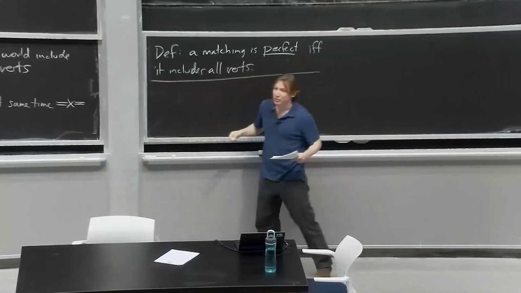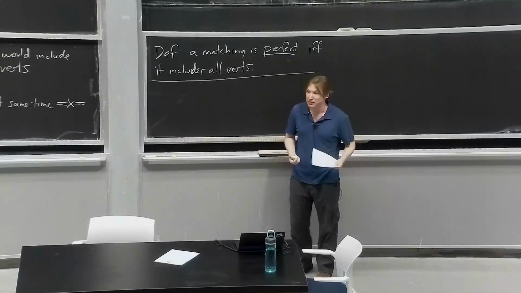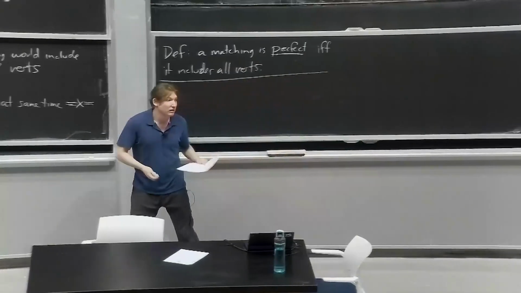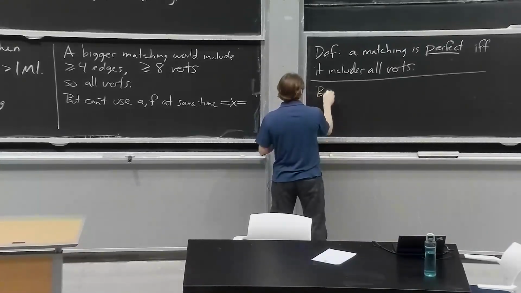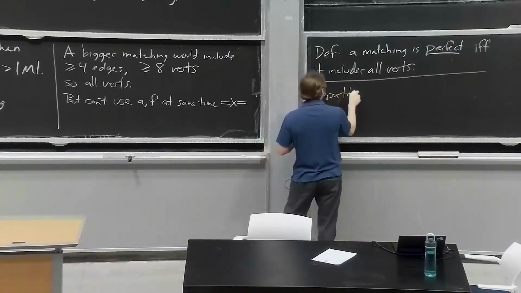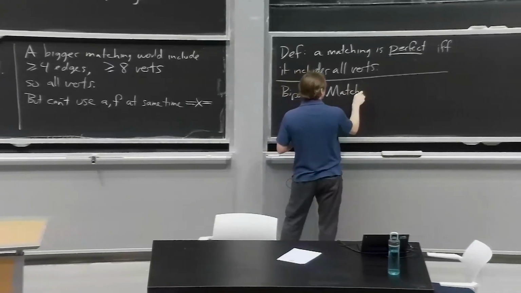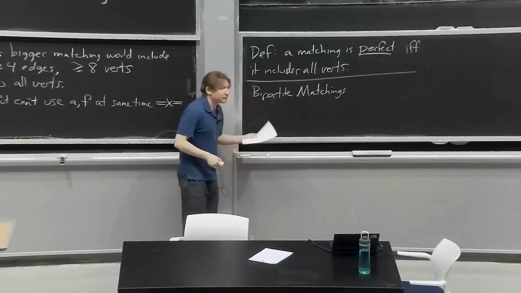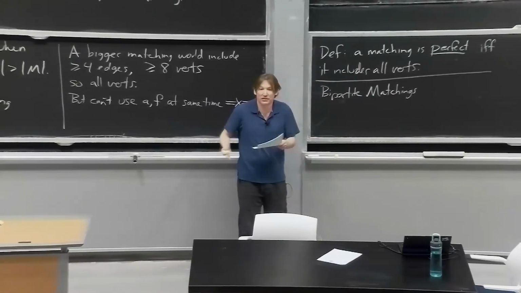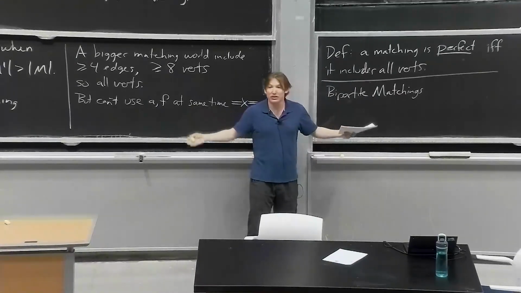Now, so far we've been talking about matchings in general graphs. But matchings are very common, especially in bipartite graphs. So, bipartite matchings. When we're trying to match tasks to servers, we have a bipartite graph.